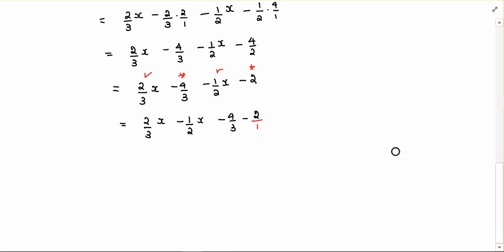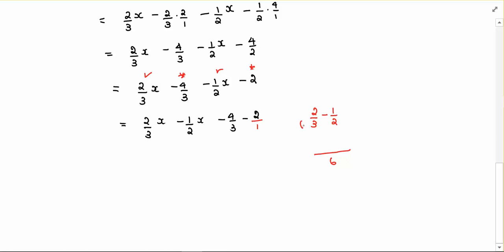So here we have two things to add. We have to add the 2/3 with the negative 1/2. So let's take that off to the side. So we have to add 2/3 with the negative 1/2, because those are the coefficients of those two like terms. And we know if you have to add, you need a common denominator. And the common denominator in this case is going to be 6. So 6 is the common denominator.